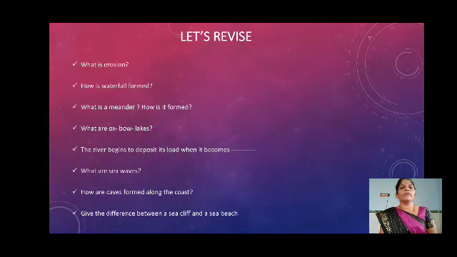Wait a minute, children. What is a meander? How is it formed? What are oxbow lakes? The river begins to deposit its load when it becomes slow. What are sea waves? How are caves formed along the coast? Give the difference between a sea cliff and a sea beach.